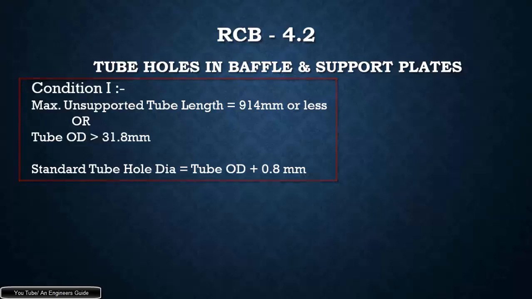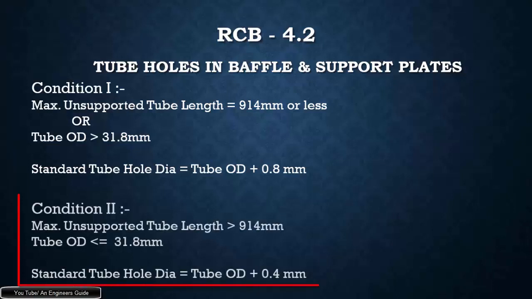Then let's learn condition 2. The second condition says that if maximum unsupported tube length is greater than 914 mm and tube OD is less than or equal to 31.8 mm.